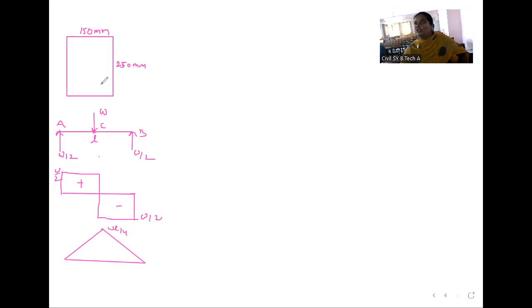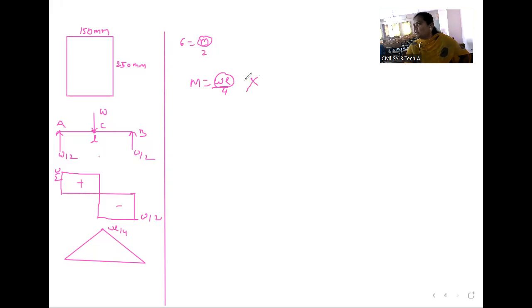Now, first we will calculate W. Two stresses are given. Suppose we first use bending stress, then sigma equals M by Z. Here you will get the moment value, and the moment is equal to WL by 4. So here two unknowns are there: W is unknown and L is unknown.